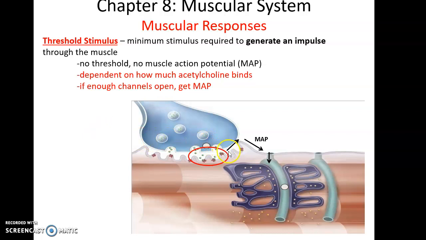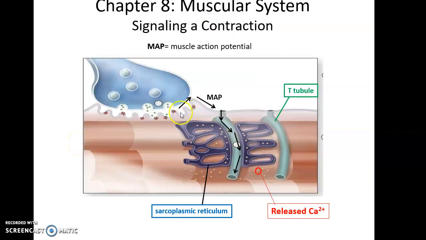Now, the muscle action potential is a change in current caused by the opening of ion channels that moves down the length of the sarcolemma and into the transverse tubule. Here is the muscle action potential leaving the motor end plate, traveling down the sarcolemma, and down into the transverse tubules. As you remember, we have that triad: the sarcoplasmic reticulum adjacent to the transverse tubule.